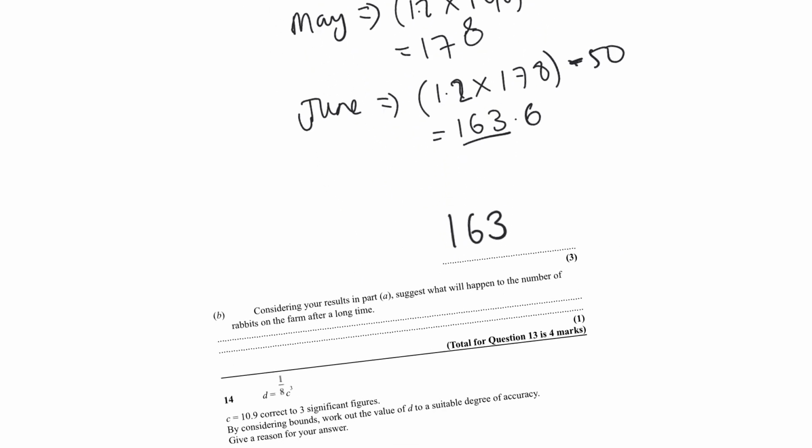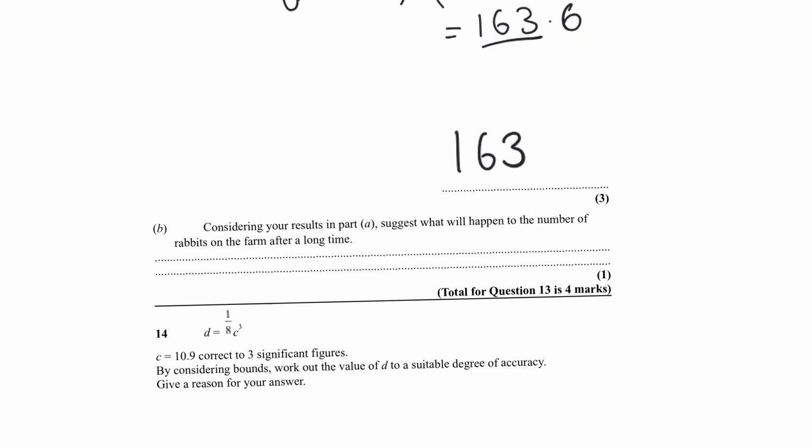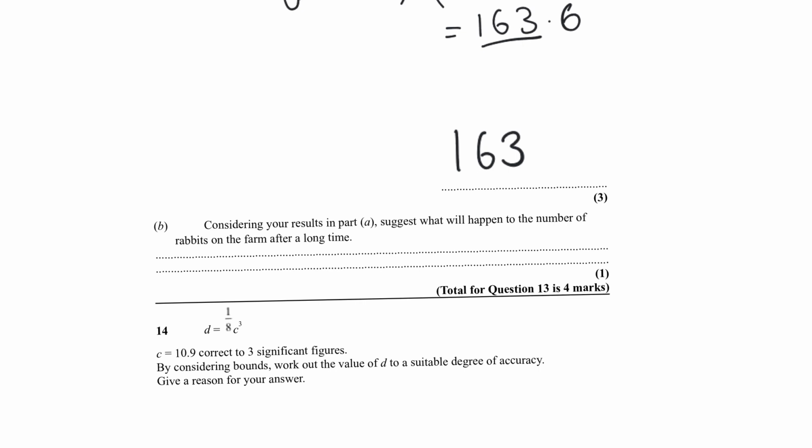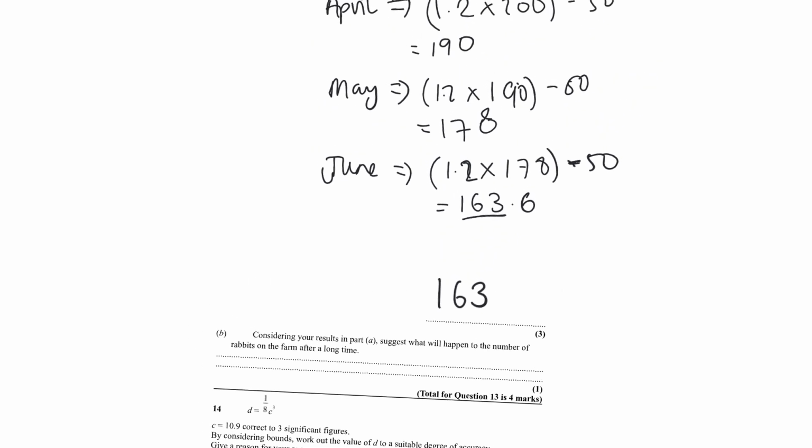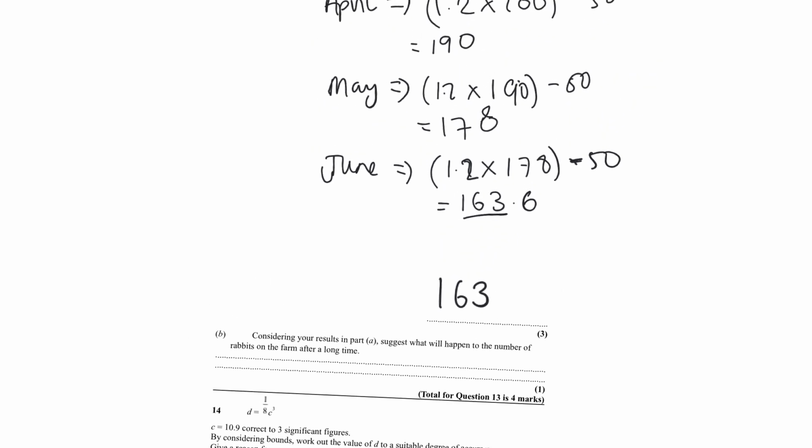So, moving on to part B, it says consider your results in part A and suggest what will happen to the number of rabbits on the farm after a long time. Well, as we can see, the number of rabbits are reducing each time, but also the amount that it's reducing each time, I'd say, is becoming slightly more.